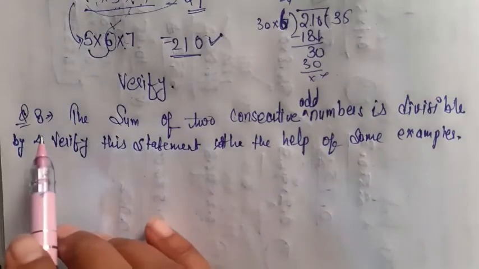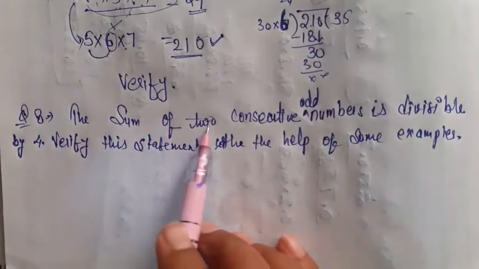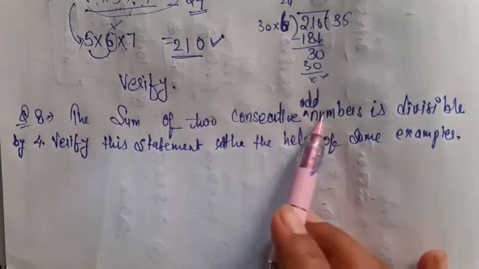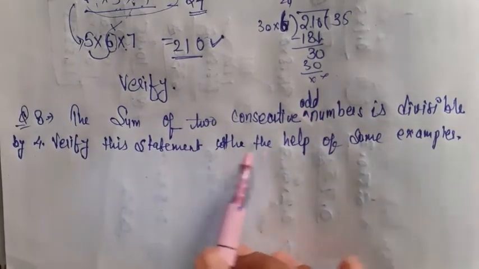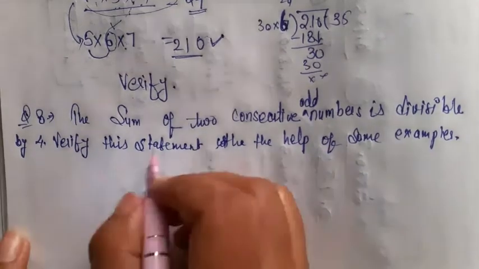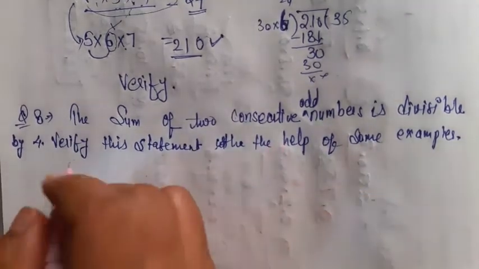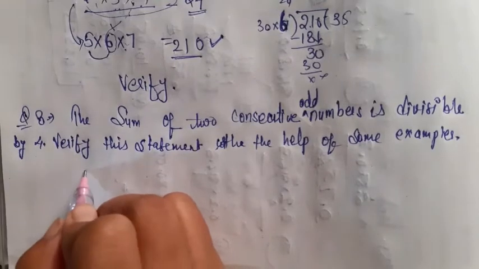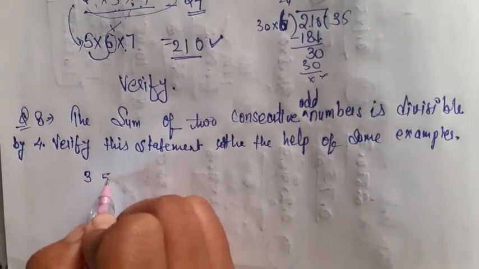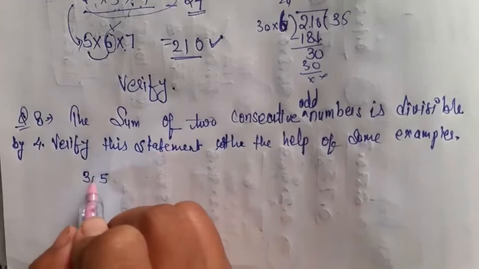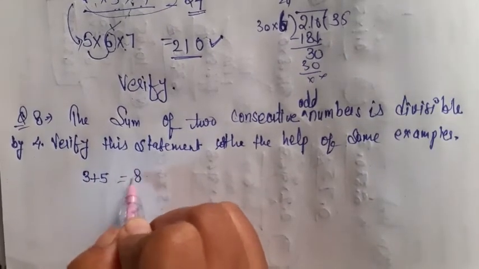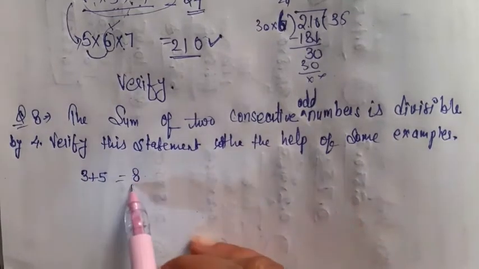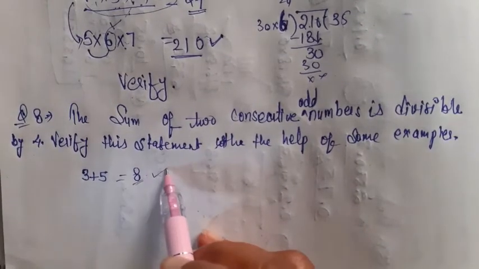Now coming to question number 8: the sum of two consecutive odd numbers is divisible by 4. Verify this statement with the help of some example. So here we have two consecutive odd numbers, 3 and 5, and the sum of 3 and 5 is 8, and 8 is divisible by 4.